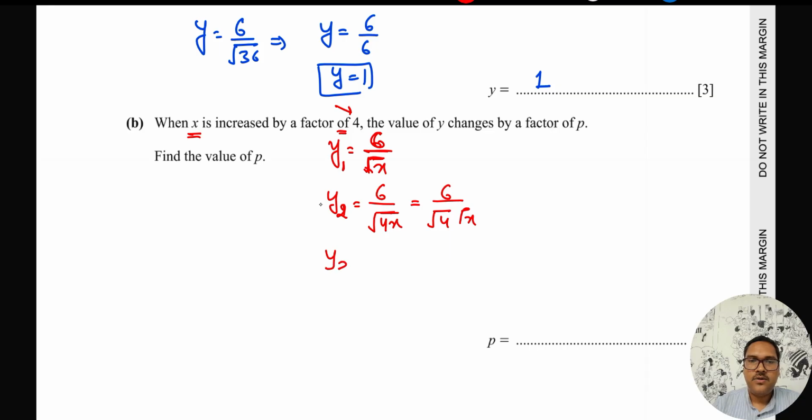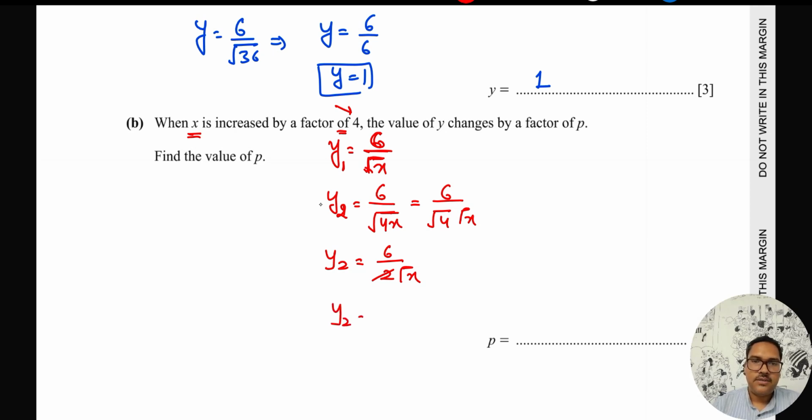Now what is this? y2 is equal to, you can clearly see, root 4 is 2, so this is 6 upon 2 root x. Now what is this? This will become 3. So basically now, what is y2?